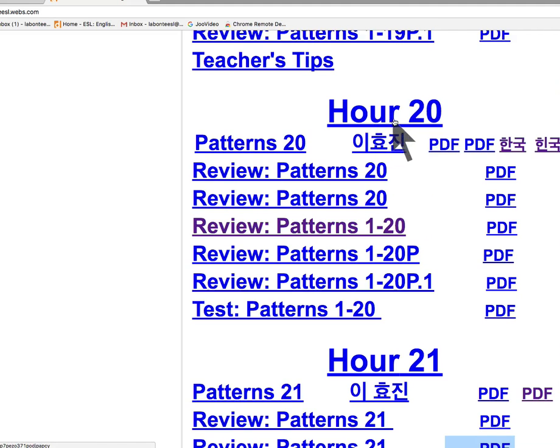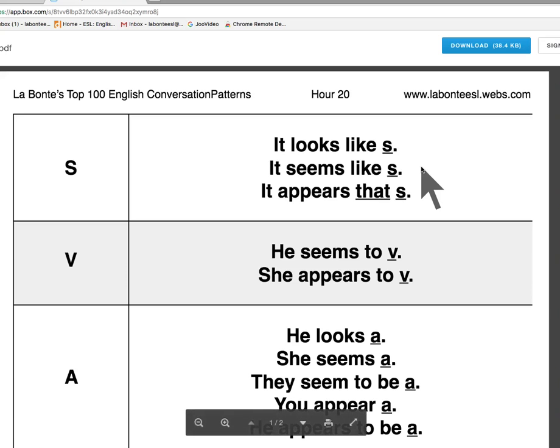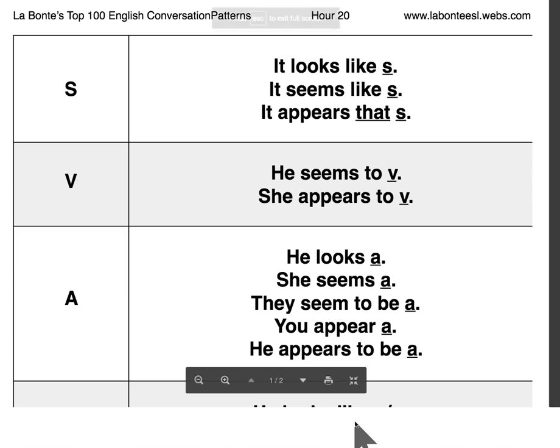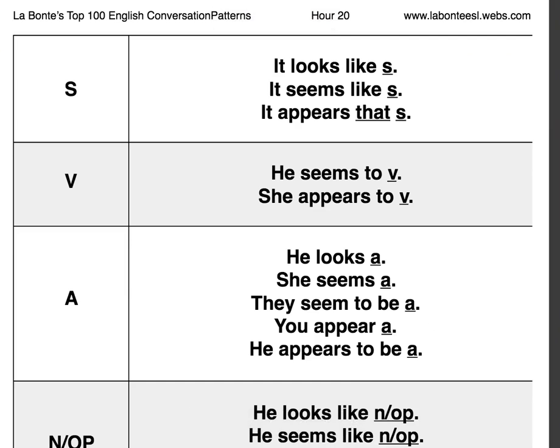In hour 20, let's get to hour 20. Hour 20 deals with life as it is, the many shades of gray that are involved in our daily life.